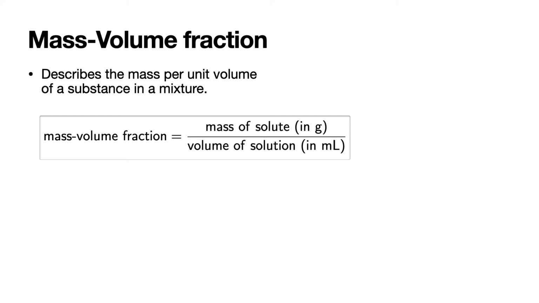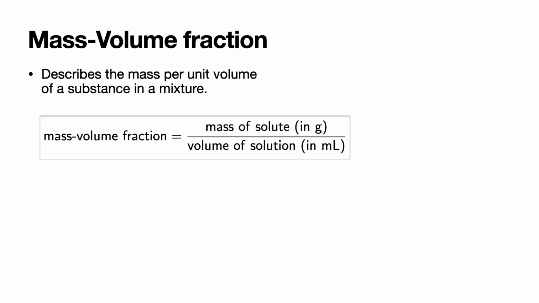It's not quite as crazy as it seems, because especially if you're dealing with a solution involving water, water has a density of 1 gram per milliliter. And so for water, at least, 1 gram is the same as 1 milliliter. And so at least when water is concerned, the number of grams and the number of milliliters is roughly interchangeable.